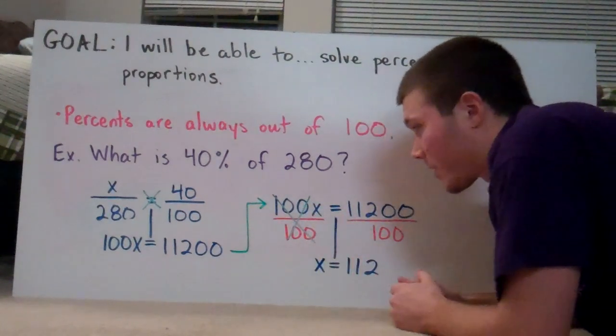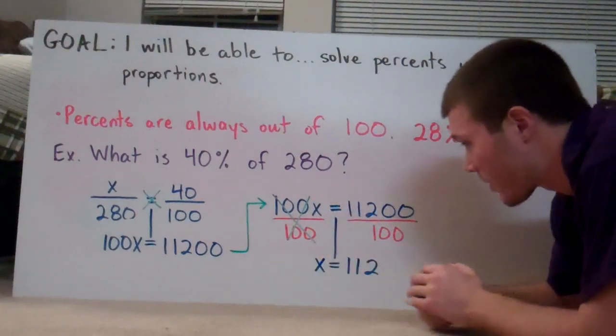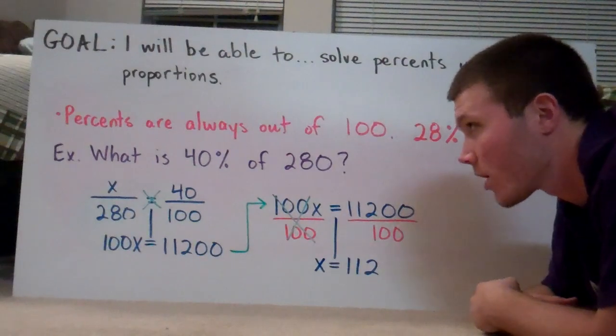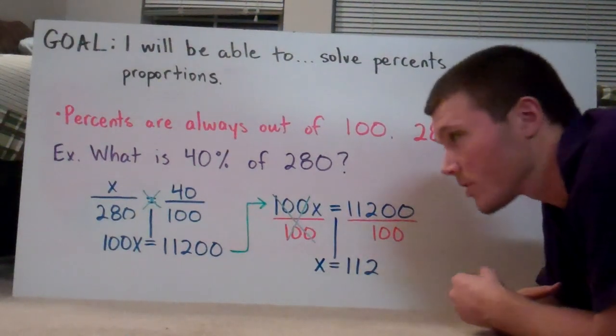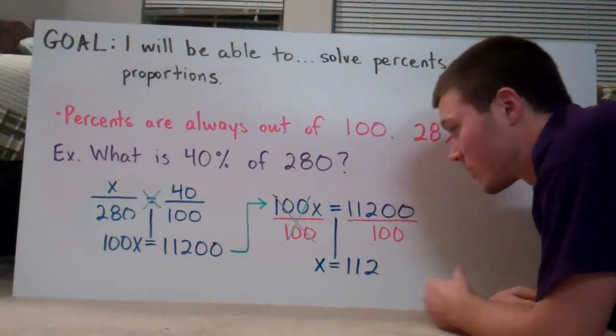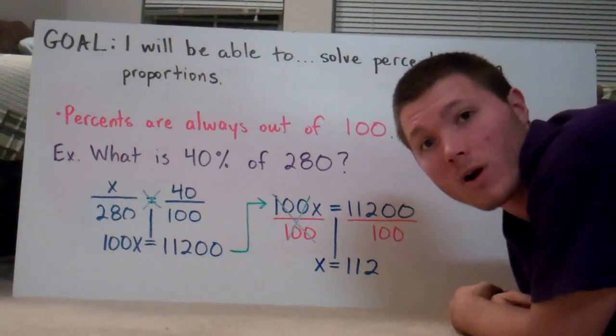Since it's being multiplied, the inverse would be divided by. So I'm going to divide both sides by 100. And when I do that, x ends up equaling 112. So to answer our question, what is 40% of 280? Well, 40% of 280 is exactly 112.